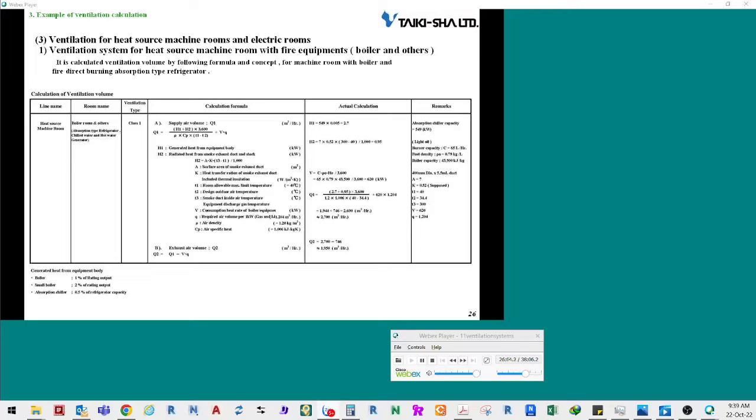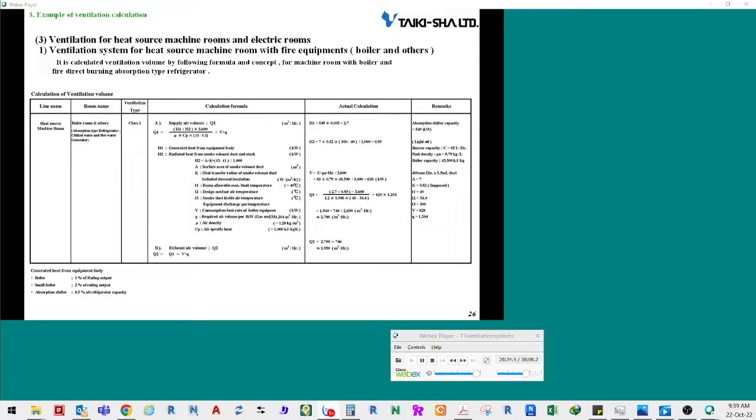Calculate the heat release generated by the main body of the equipment based on the rated output of the equipment. Depending on the type of equipment, set the heat release amount at approximately 0.5 to 2% of the rated output. Calculate the heat release generated by the flue by calculating the flue duct area in the room and the difference between the exhaust gas temperature and the room temperature.